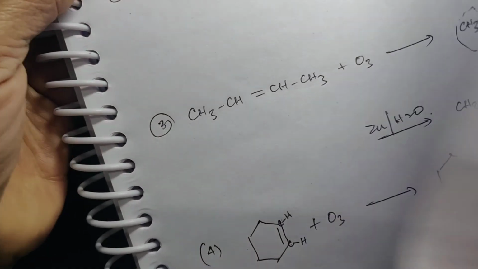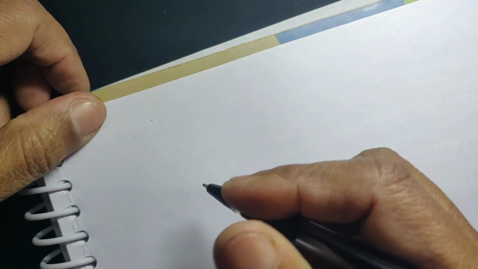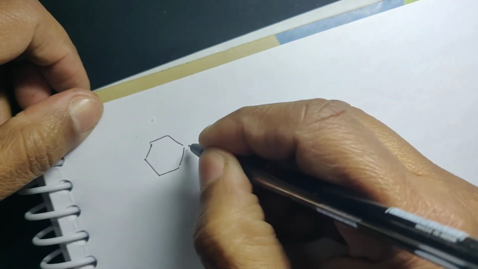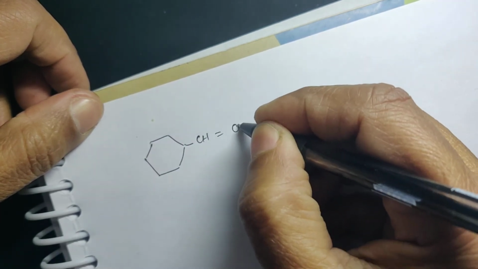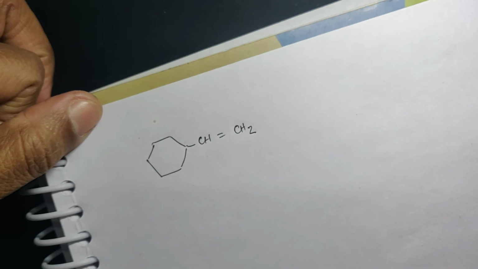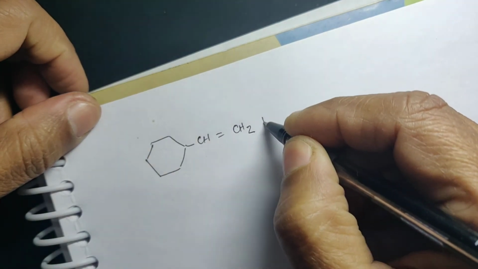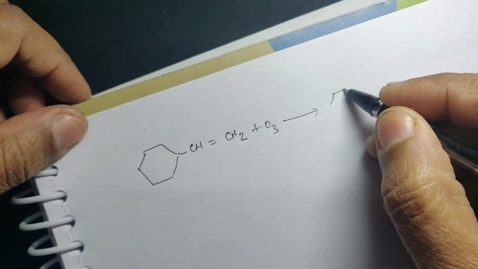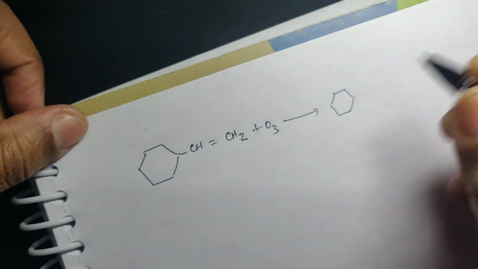Now let us see another example. Now say for example you are having this compound, right? You are adding ozone to it. Now how do you add? You see, this will be as such, no change.